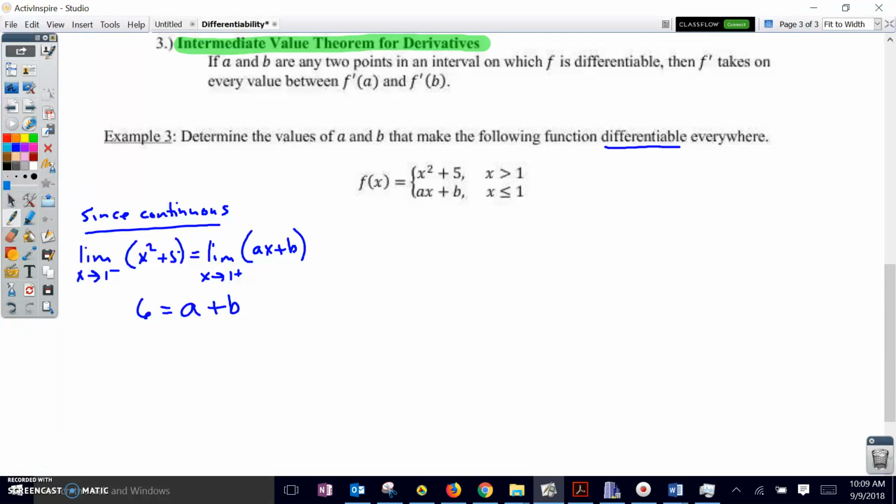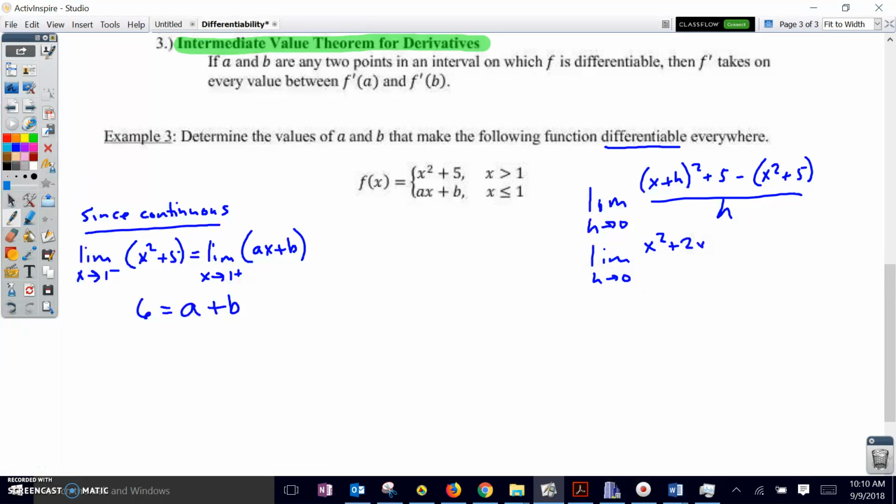Now, in order to show that it's differentiable, I need both of these derivatives. So I'm going to find both of these derivatives. I'll find the first one, limit as h goes to 0 of x plus h quantity squared plus 5 minus x squared plus 5 all over h, is limit as h goes to 0 of x squared plus 2xh plus h squared plus 5 minus x squared minus 5 all over h.